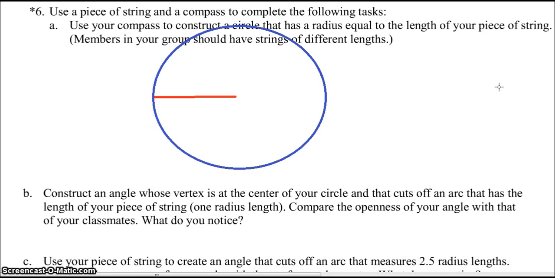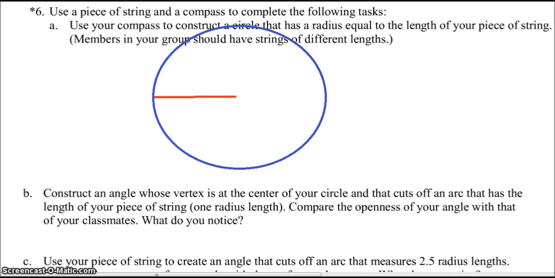Alright. Construct an angle whose vertex is at the center of your circle, and that cuts off an arc that has the length of your piece of string, 1 radius length. Compare the openness of your angle with that of your classmates. What do you notice?